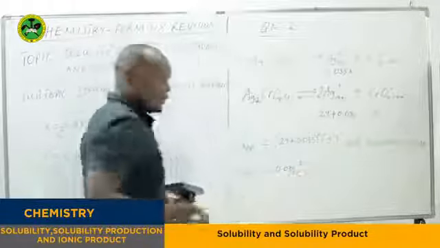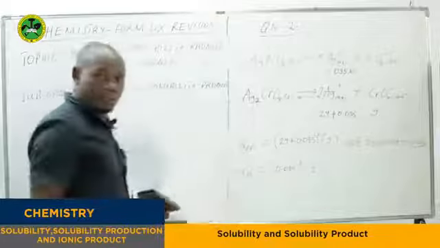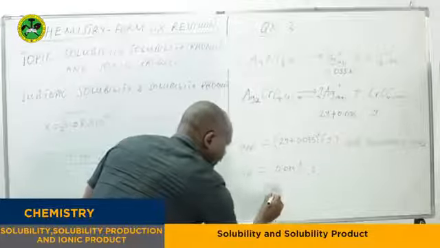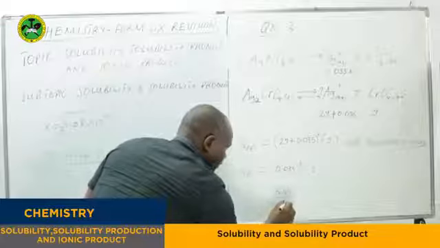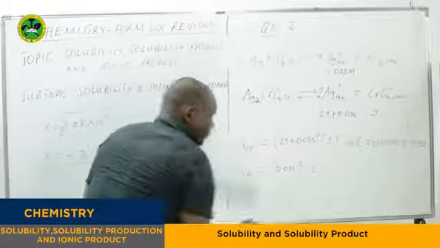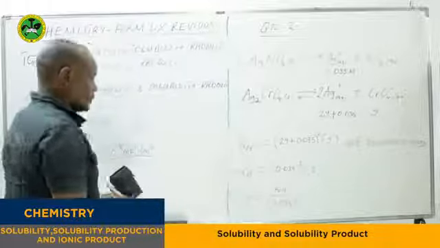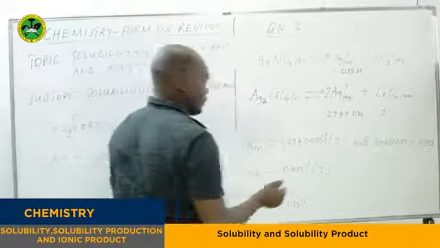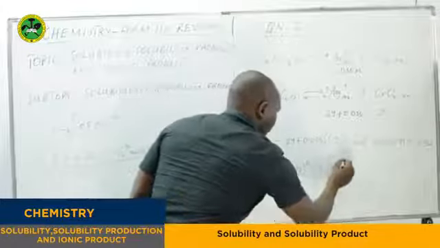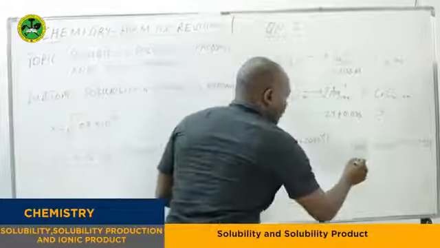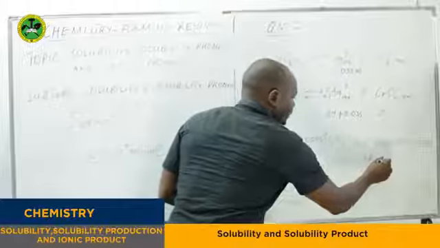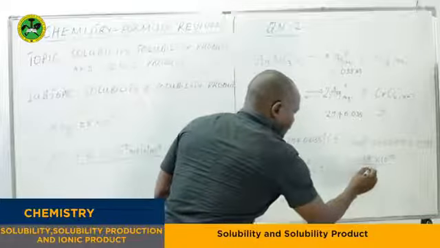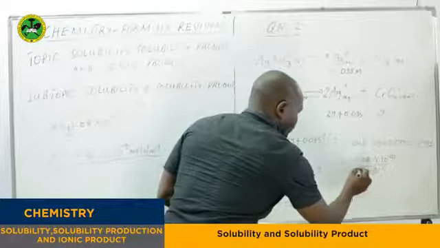We are looking for the solubility, which is Y now, and we have the KSP. So Y here will be equal to KSP divided by 0.035 squared. Now use your calculator to find it. Y will be equal to KSP, which is 1.08 times 10 power negative 10, divided by 0.035 squared.